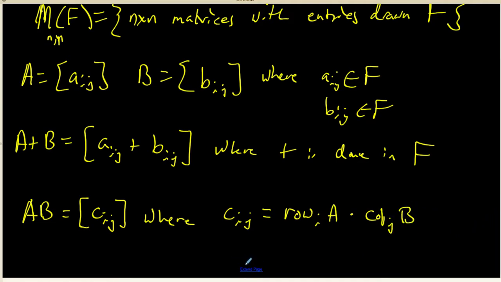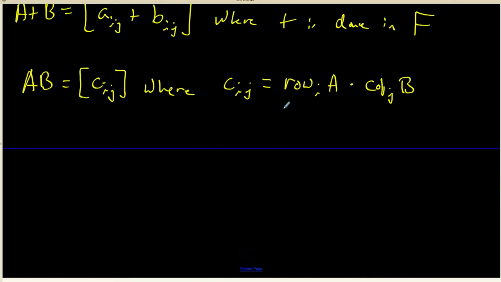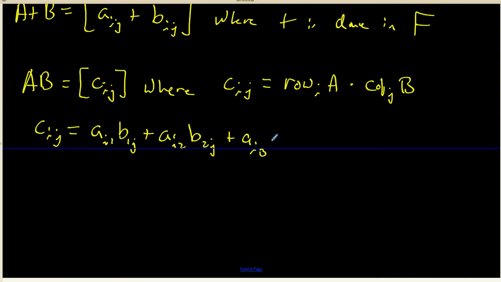What this actually means is that c sub ij is going to be a_i1 times b_1j plus a_i2 times b_2j plus a_i3 times b_3j, and we keep going until we get to a_in times b_nj.